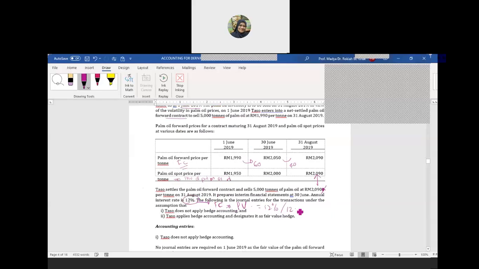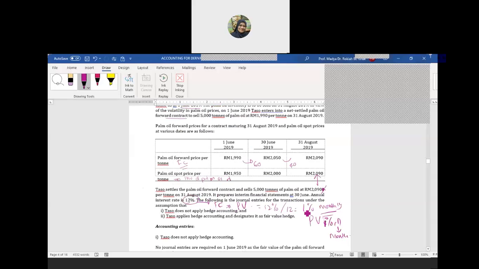So divide by 12, so 1% will be your monthly interest. When you want to refer to the PV table, you use 1%, and then it depends on the month, because we already converted the interest into 1% based on the monthly rate.